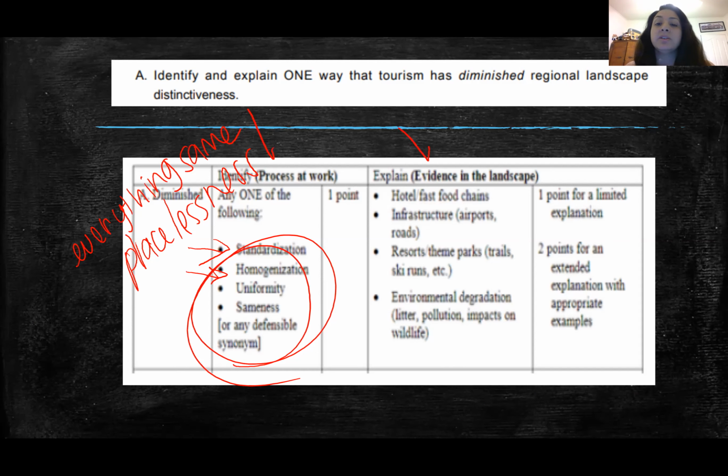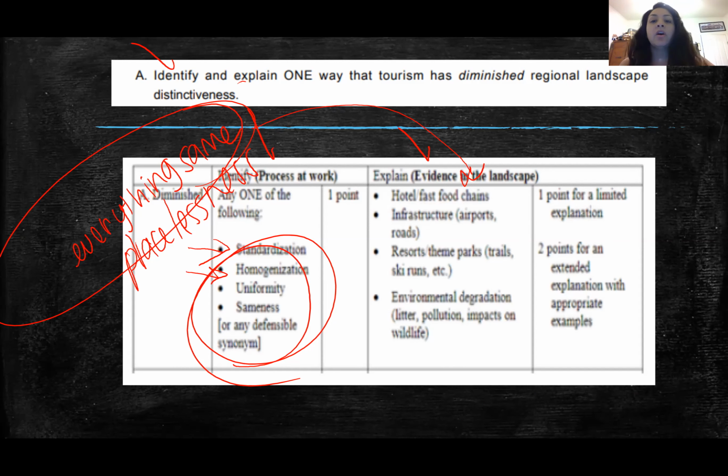You also needed to explain. So identify we did, now you need to explain. To explain that, you would go into more depth as to why everything is the same. Because all you see are the same hotels or fast food chains, like what we talked about with McDonald's, Wendy's, Jack in the Box, Walmart.